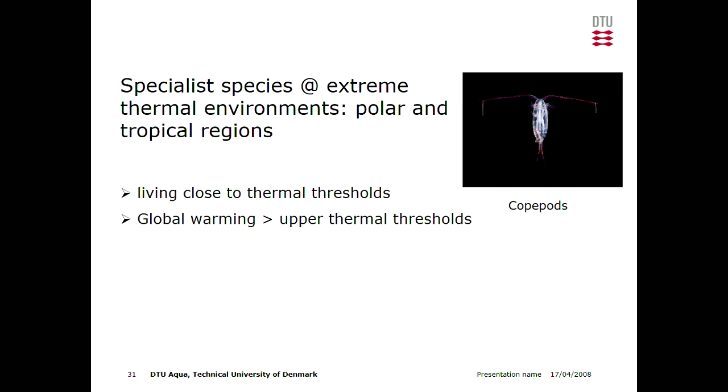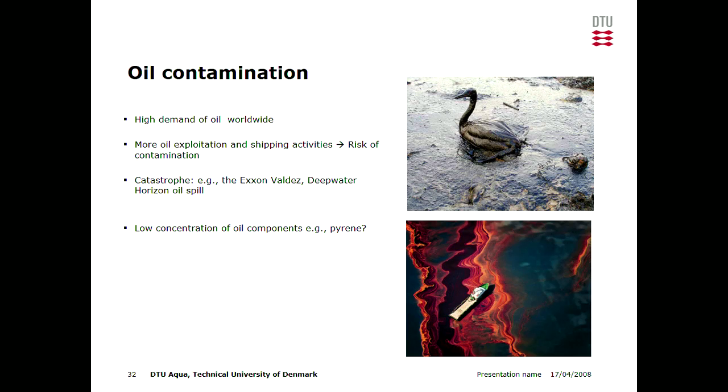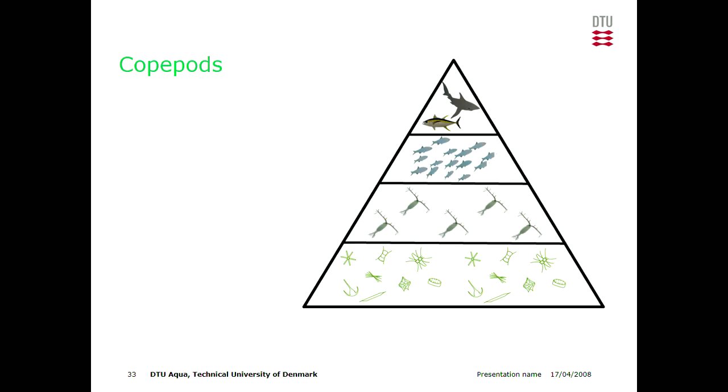My main interest now is to study the effect of global warming and contaminants on species living in extreme environments like the Arctic or tropical ecosystems, because with global warming the temperature might increase beyond the upper thermal threshold of these species, in combination with oil pollution.